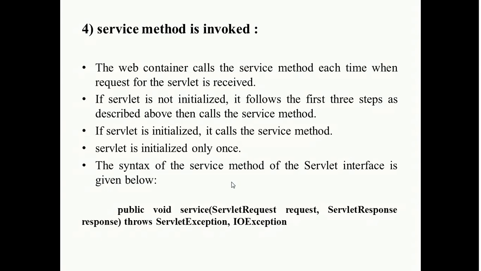If the servlet is not initialized, it follows the first three steps as described in the above slide, and then calls the service method. If the servlet is already initialized, it directly calls the service method.